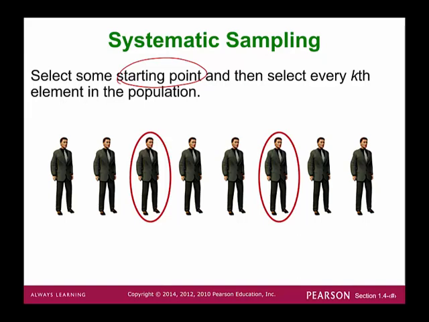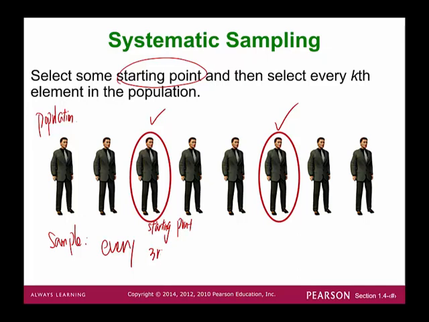In this case, assuming this is the population, for our sample we are picking every third member. Okay, pick a starting point. This is the starting point. From there, we pick every third member after the starting point, and this becomes our sample.